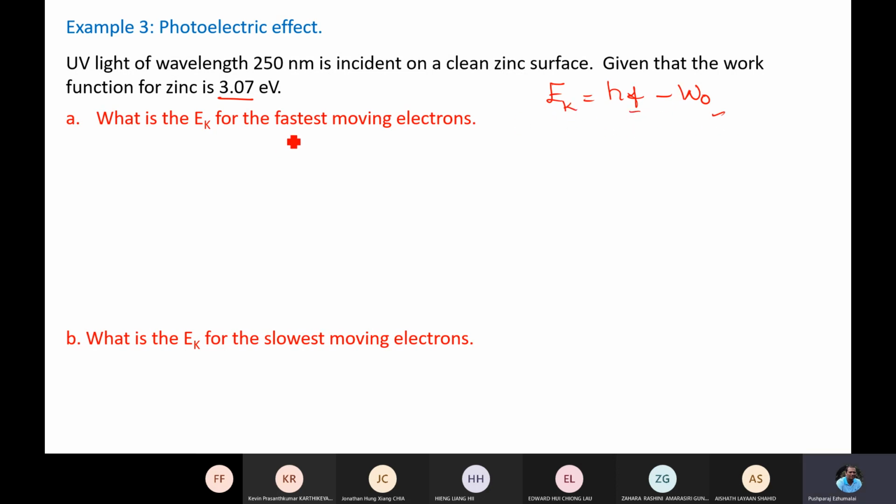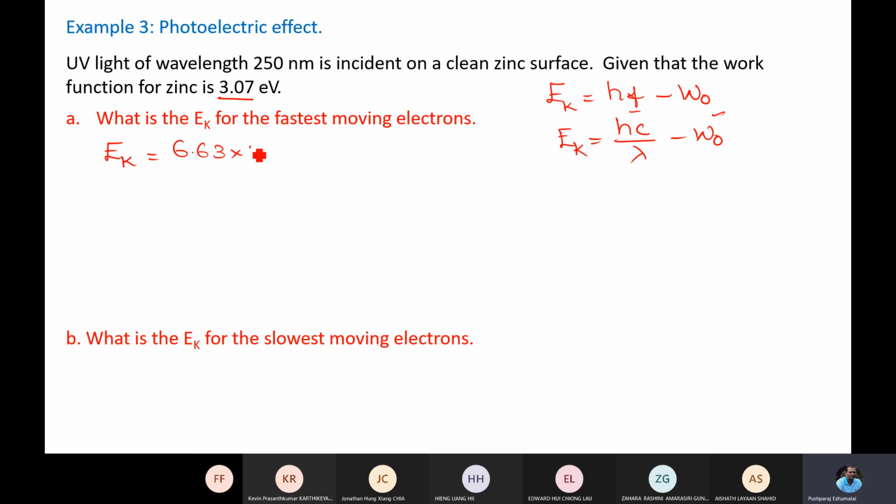Fast moving means with the maximum energy. So we can substitute. EK is nothing but hc by lambda minus work function. Lambda is given, so we can put that in. So what is h?